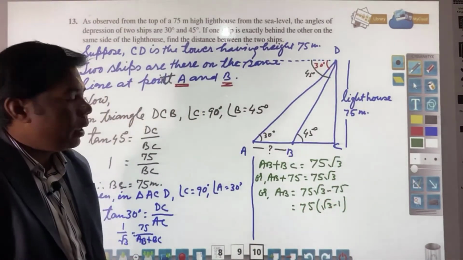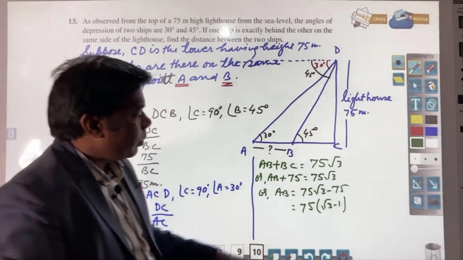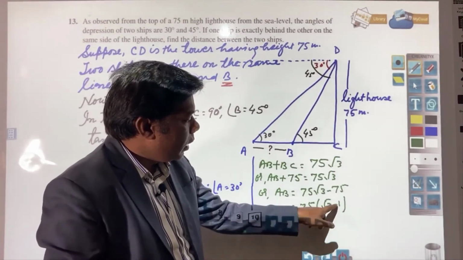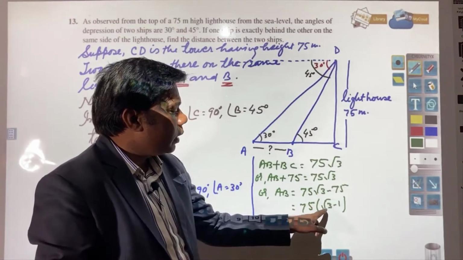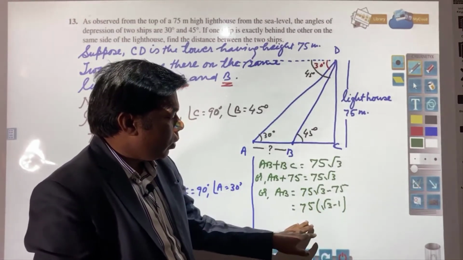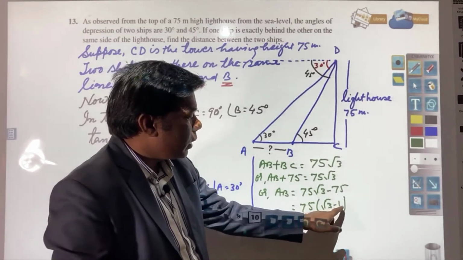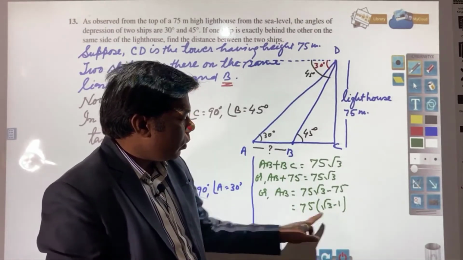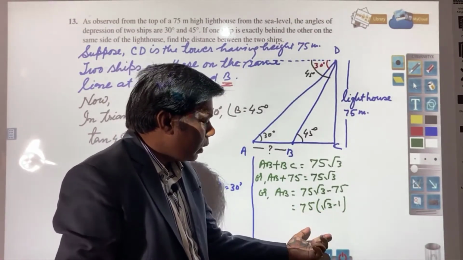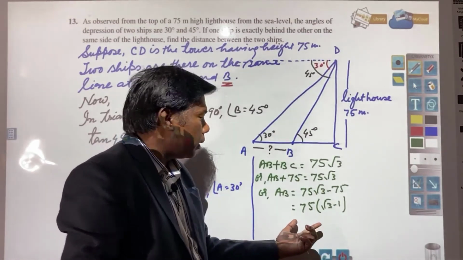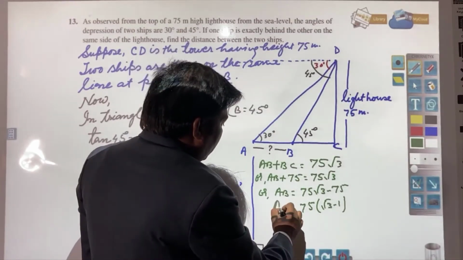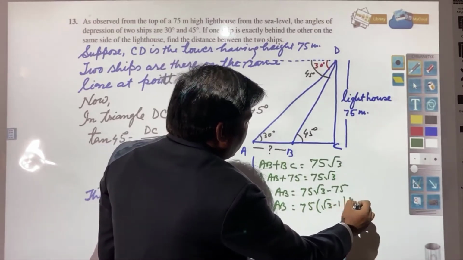So AB will be equal to 75 (root 3 minus 1), or one thing can be done. Value can be put 1.732 and can be simplified. That is also possible. 75 into (1.732 minus 1) means 0.732. 75 into 0.732 you can write, and that will be your answer, or simply this also can be written as the answer. So AB is equal to this much meter.